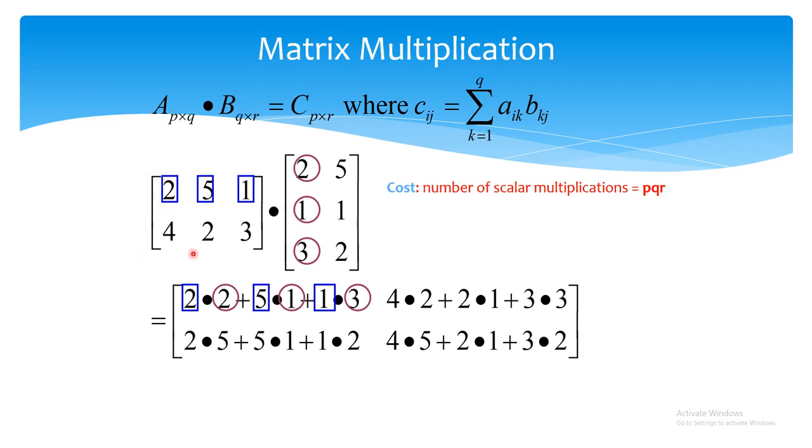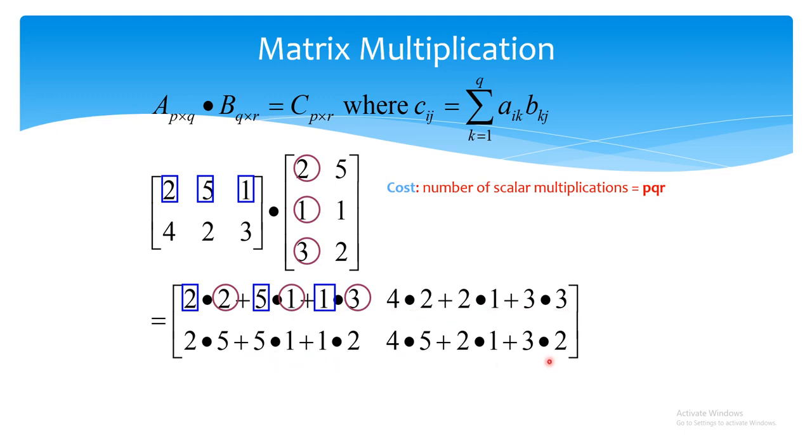We have one matrix of dimension 2 cross 3, and the second matrix of dimension 3 cross 2, 3 rows and 2 columns. If we multiply and calculate the number of scalar multiplications, it is going to be 2 into 3 into 2, which is 12.